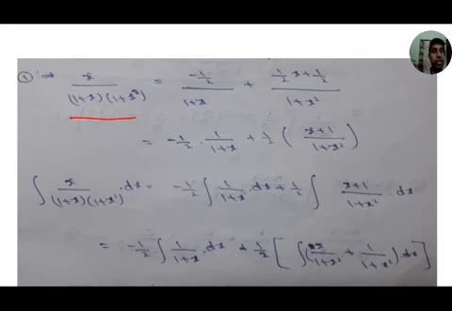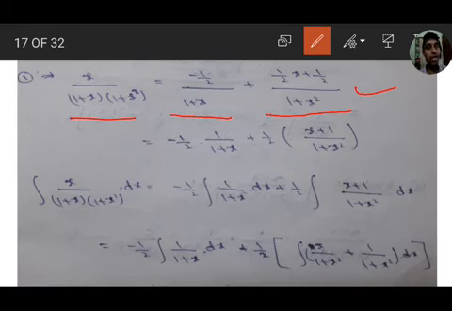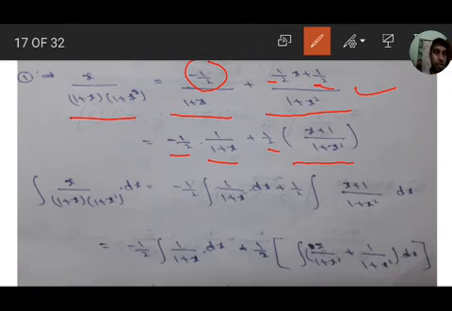Substituting, we get x by (1 plus x)(1 plus x square) equal to minus 1 by 2 by 1 plus x plus (bx plus c), where b value is 1 by 2 into x plus c value is 1 by 2, so (1 by 2 x plus 1 by 2) by 1 plus x square. Here 1 by 2 is common outside, we get (x plus 1) by 1 plus x square.